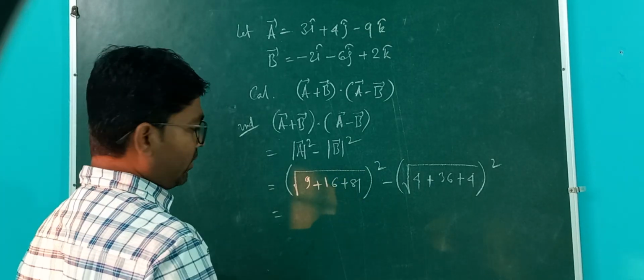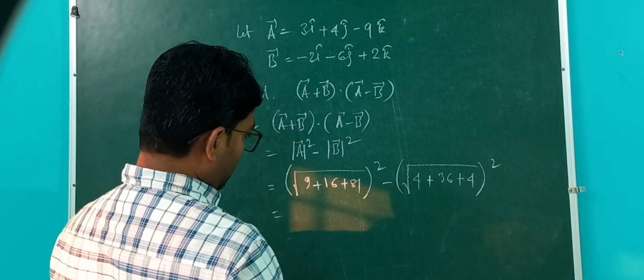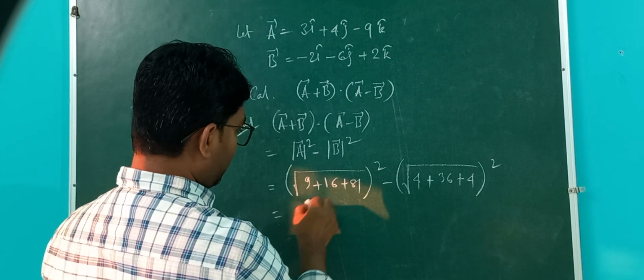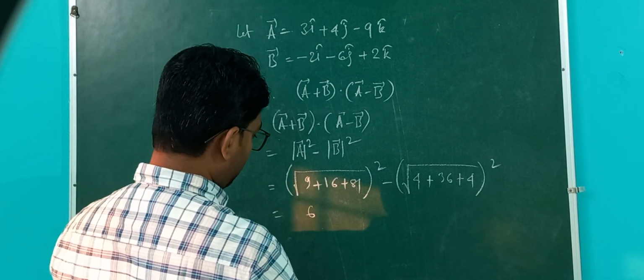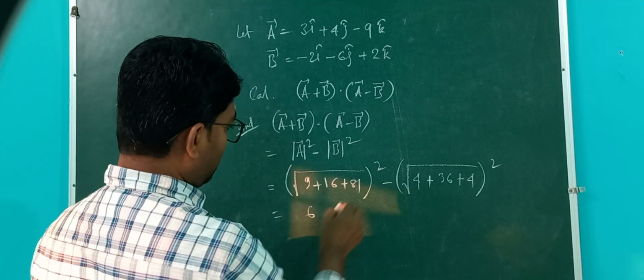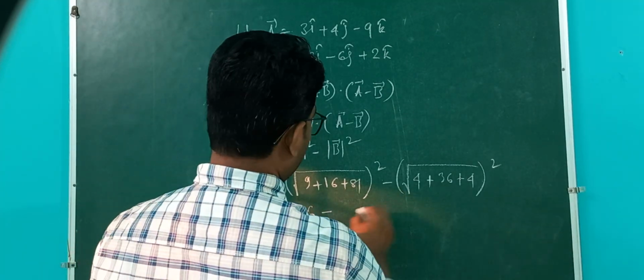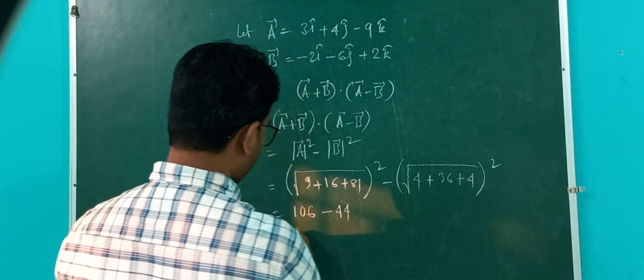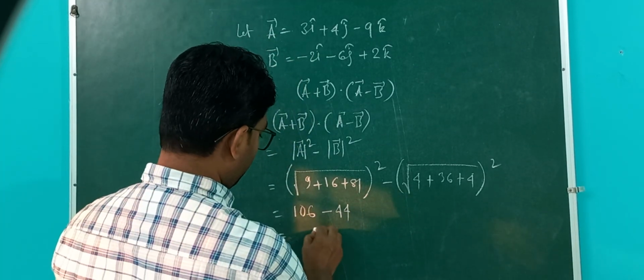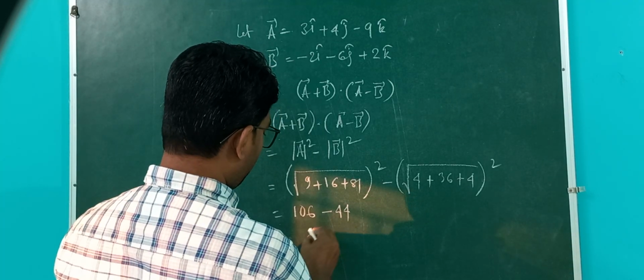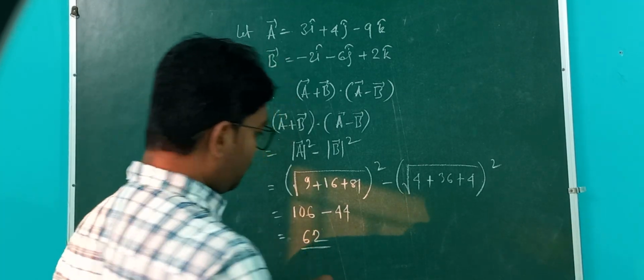Root and square will vanish. So we get 106 minus 44, that is 62.